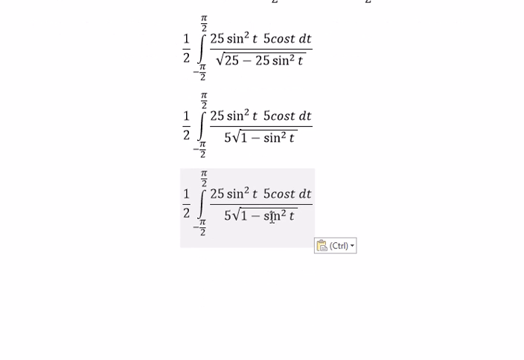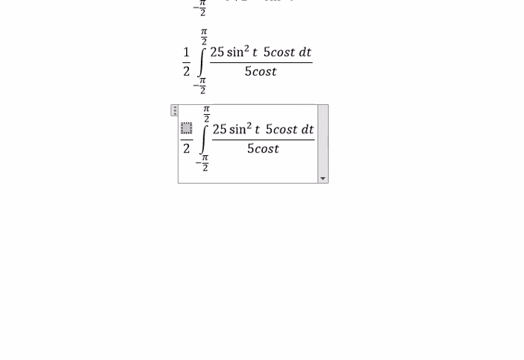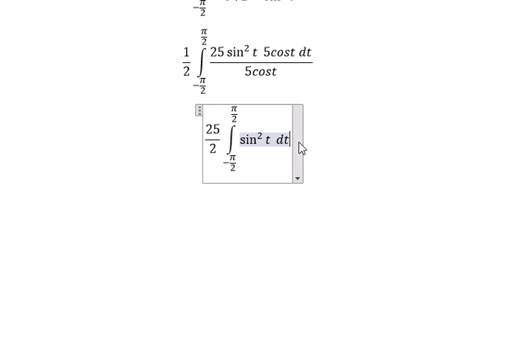One minus sine t squared gives cosine t squared, and this one gives cosine t, and they will cancel. Then you get 25 over 2, and we have sine t squared dt.